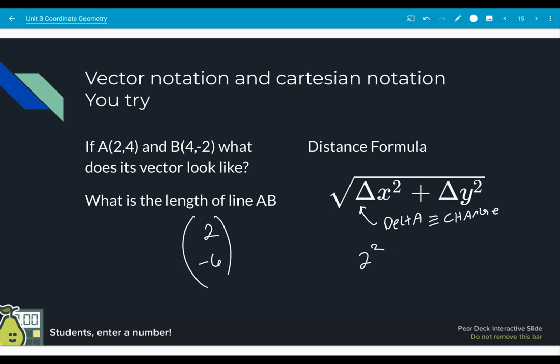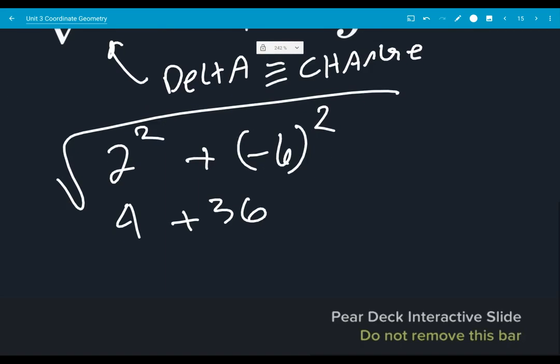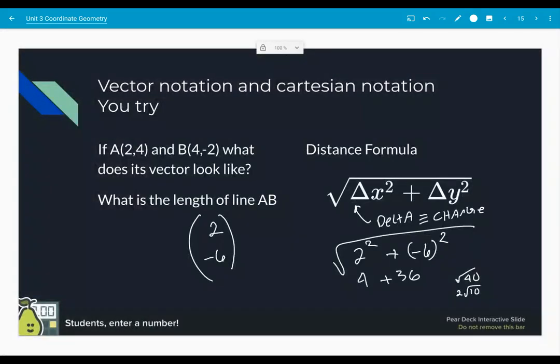So we know that 2 squared plus negative 6 squared, square root. So 4 plus 36. What do we get? The square root of 40, which is going to be 2 square root of 10. So this is the length of our line AB.